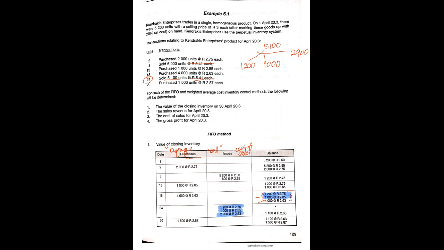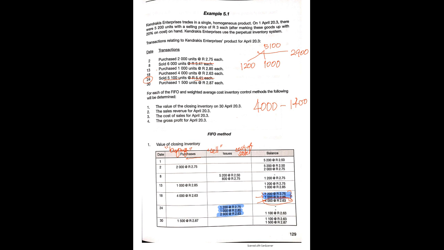And then what you're left with is, from the 4,000 at 2.63, we used 2,900. The reason I'm saying that is that whatever was purchased last is going to be there at the end.